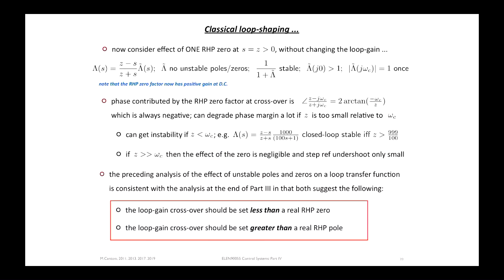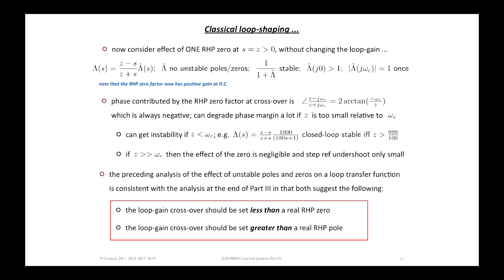You can do similar analysis from the perspective of what happens if I put an unstable 0 in without changing the magnitude plot, right, to see the impact of having a 0. So we're putting it in such a way that the phase introduced by including this right half plane 0 is always negative, so it's always going to be reducing your phase margin, right?